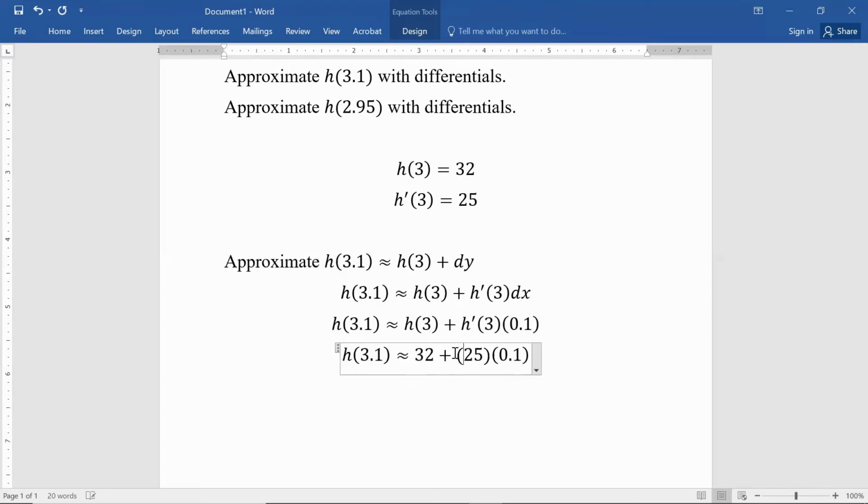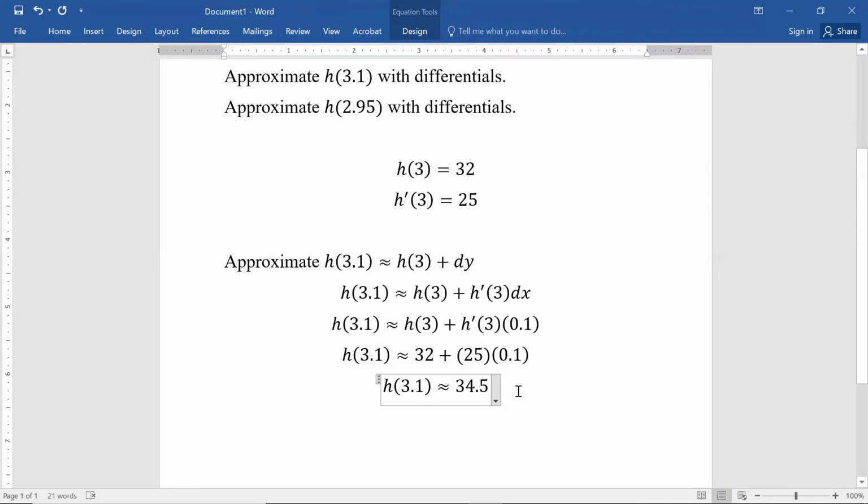And once you've done that, 32 plus 25 times 0.1 should give you 34.5. The approximate value at 3.1 would be 34.5 then.